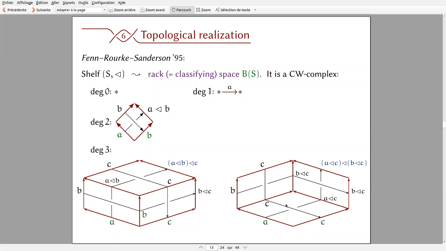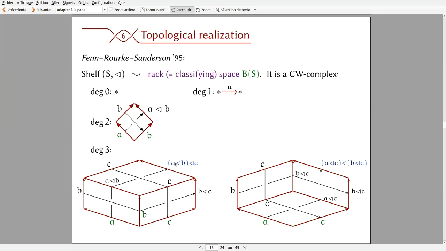And if you want these two parts to be gluable, you need to see what happens on the boundary, and you see that the only place where gluing is not automatic is this one, where the labels were put in blue. And you will be able to glue these two halves only if you have, once again, this subdistributivity condition.